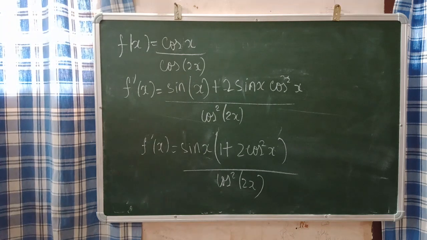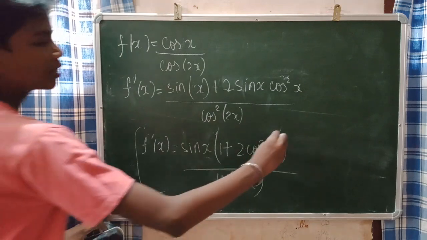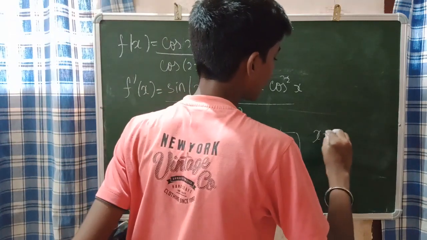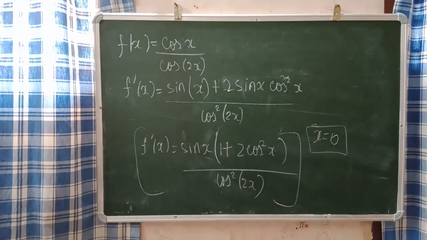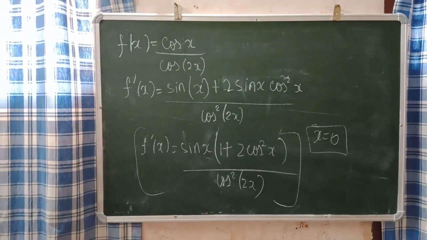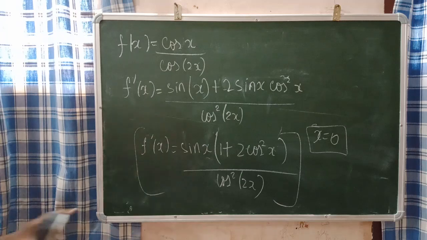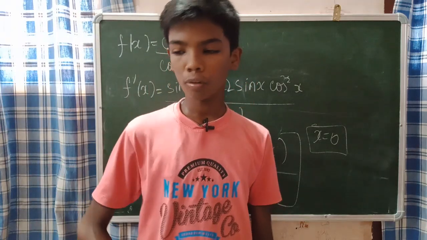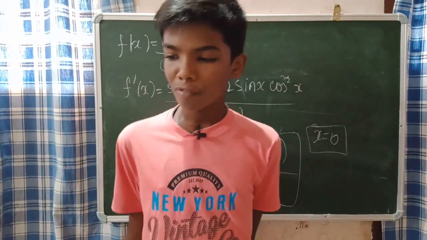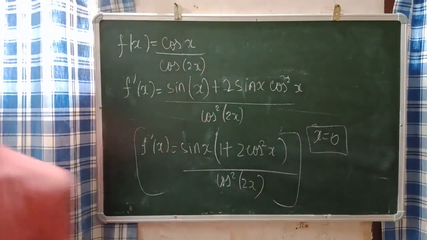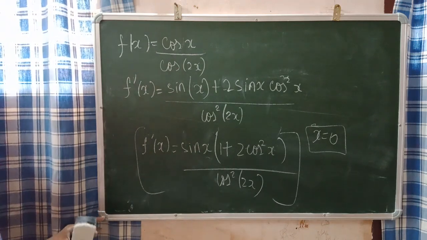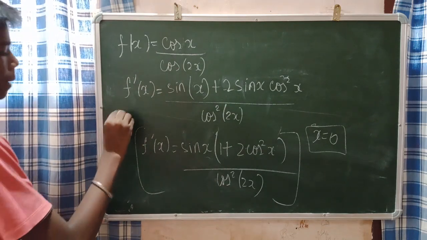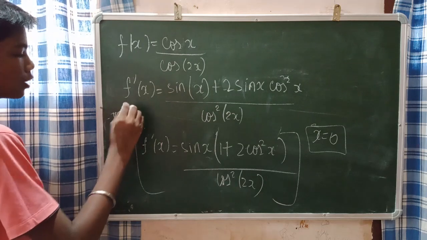Now guys, just see this. So you use your graphs. The critical point will be x is equal to 0. Don't forget that the critical point is x equal to 0. They said that x belongs to minus pi by 2 to pi by 4.